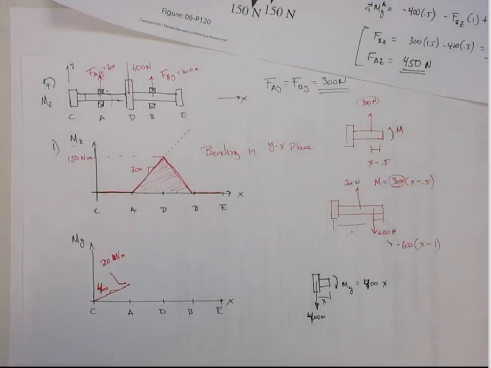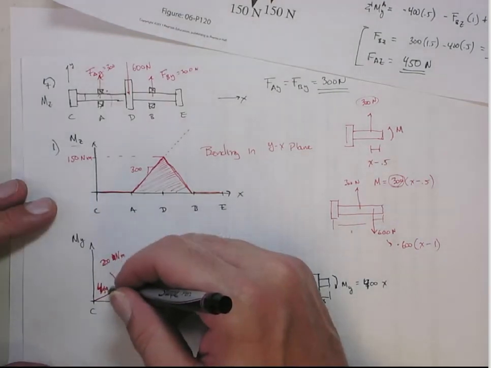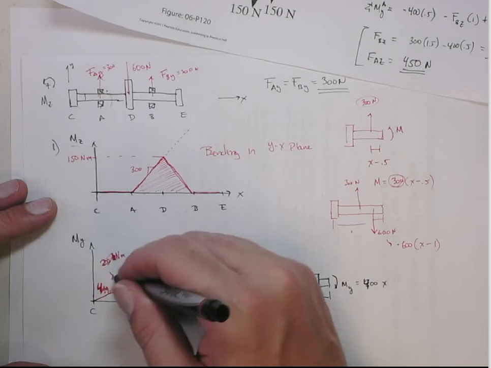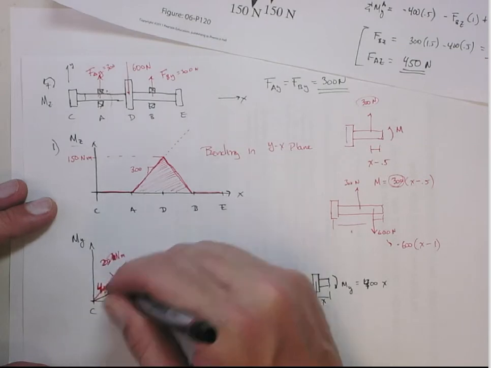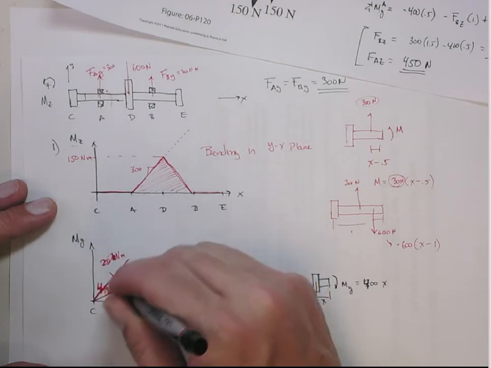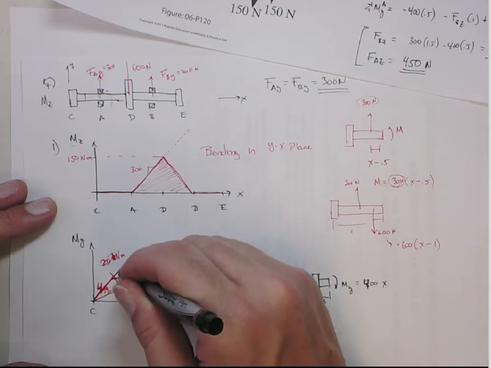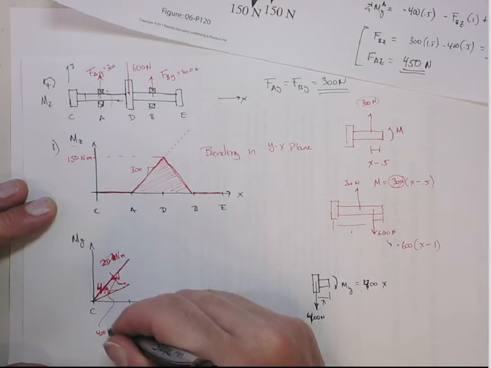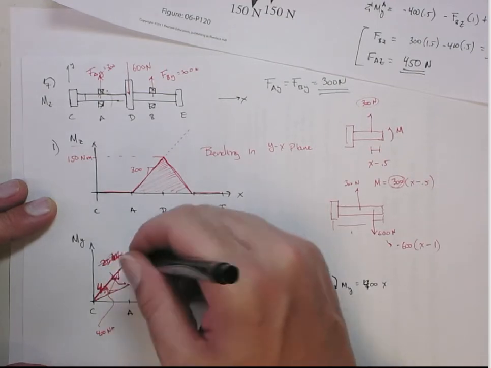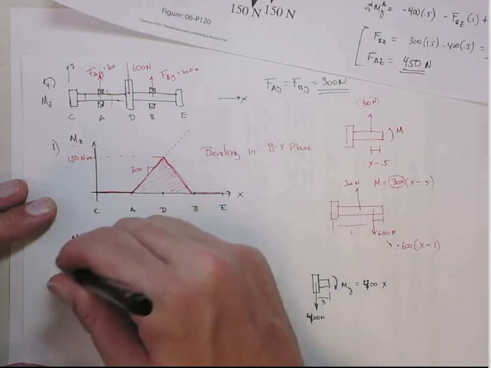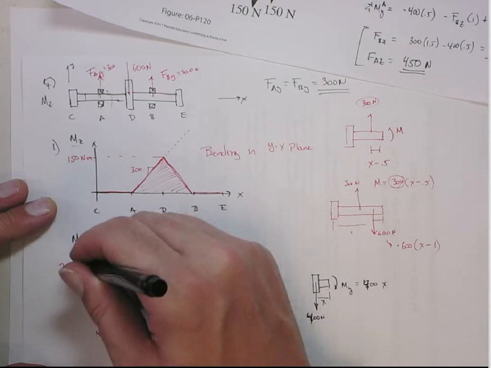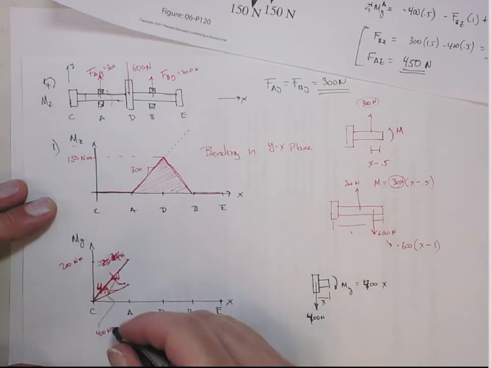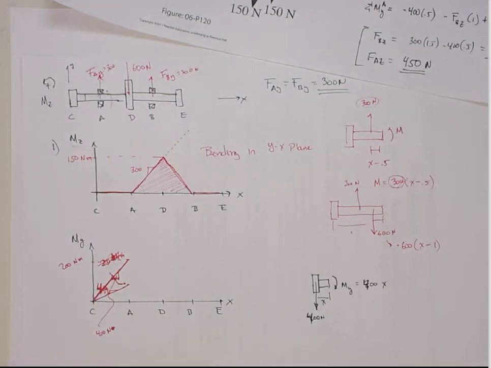Actually, let's make it a little easier to see. Let's make that go up to about here. So this slope here is 400 Newton meters, and that means this point here is going to be 200 Newton meters. So that's up to this point.